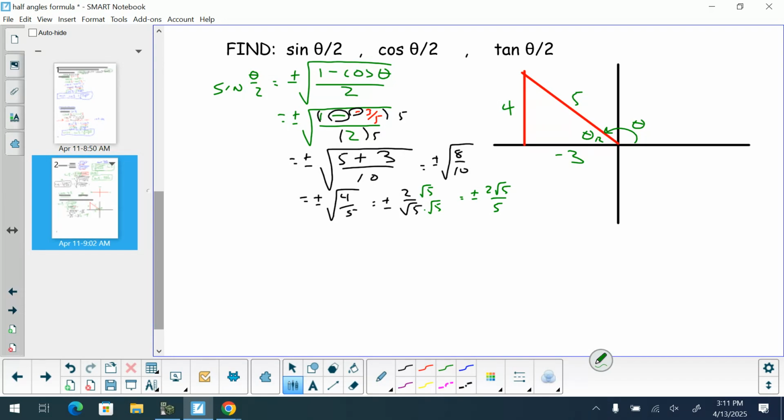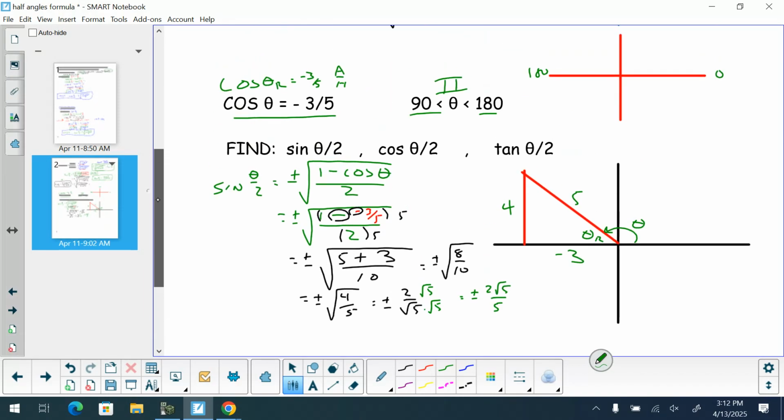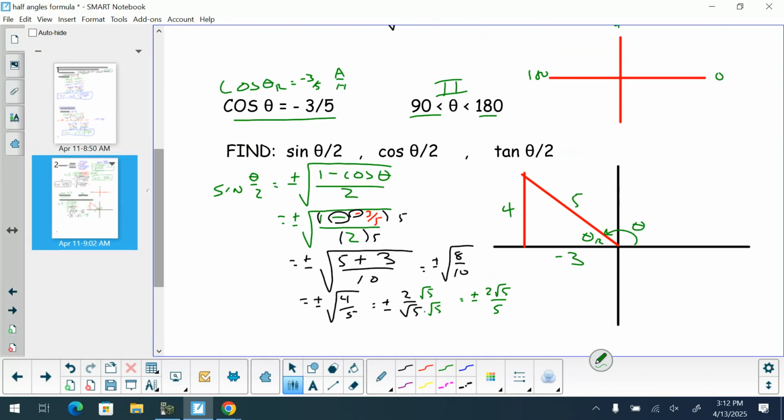Now we have to determine, is it plus or is it minus? Well, how do we determine if it's plus or minus? And this could be all a calculator exercise. If we look at what we are initially given, theta is between 90 and 180 degrees.